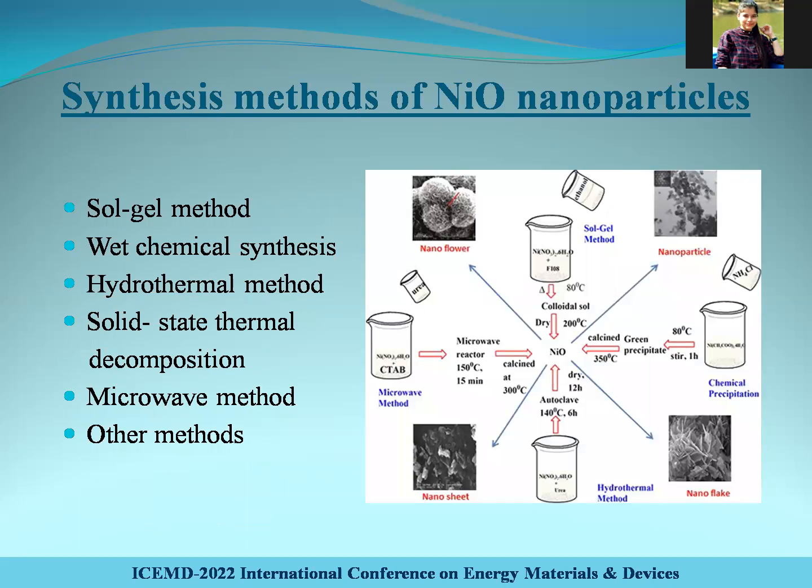Now, these are the synthesis methods of NiO nanoparticles, because nanoparticle applications do not depend only on the size, morphology, and structure, but also depend on the method of synthesis employed. There are several methods to synthesize NiO nanoparticles, and all the methods are listed here.